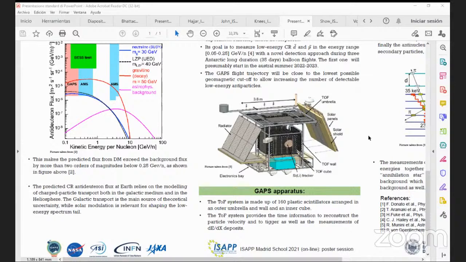The system will provide the time information to reconstruct the particle velocity, but it will also act as a trigger system, and will measure the dE/dX deposits in the scintillators.